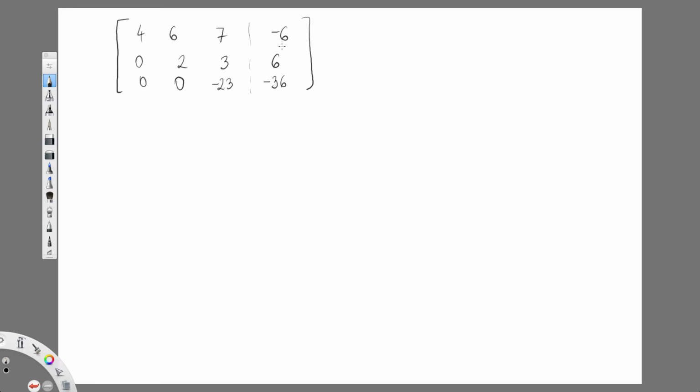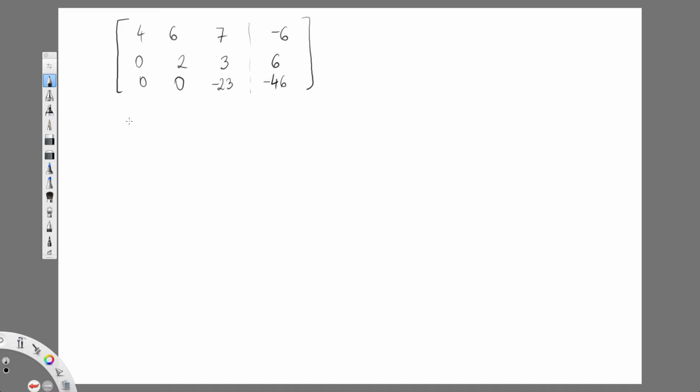So now I can actually be ready for back substitution because I have so-called upper triangular form. Is this 36? I think it's 46. Yeah, my notes say 46. That's helpful because I have nicer numbers. Not that nice numbers mean anything, but it's just easier to work with them.